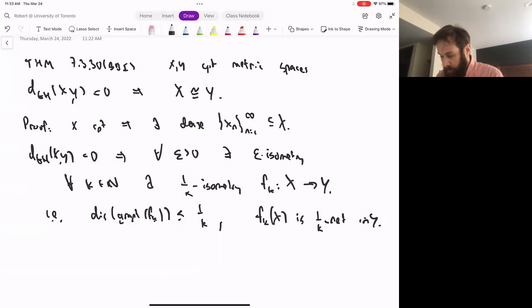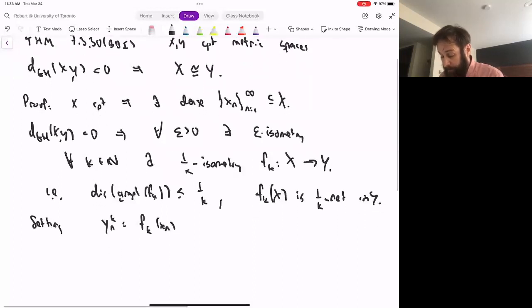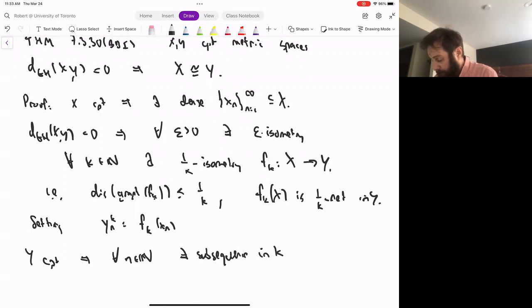Okay, great. If I set y_{n,k} to be the image under F_k of x_n, for every k and n, then by compactness of Y, if I fix one of these natural numbers n, there exists a subsequence in k with y_{n,k} going to some limit depending on n along the subsequence.